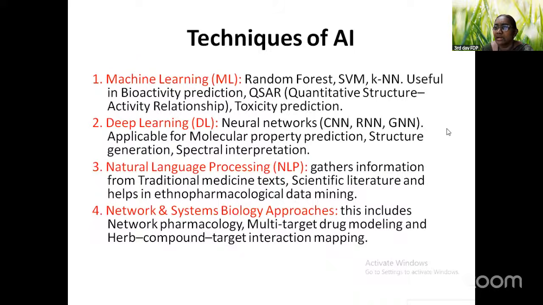This employs neural networks like CNN, RNN, GNN, with applicability in molecular property predictions, the generation of structures, and the interpretation of spectra. Natural language processing gathers information from traditional medicinal texts and scientific literature and helps in ethnopharmacological data mining. The last one is network and systems biology approaches. This includes network pharmacology, multi-target drug modeling, and herb compound-target interaction mapping.